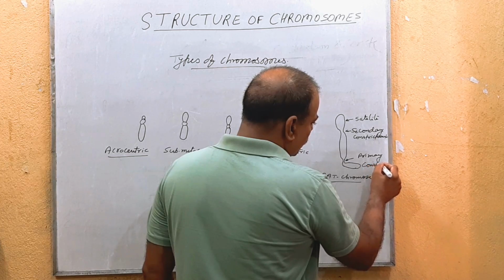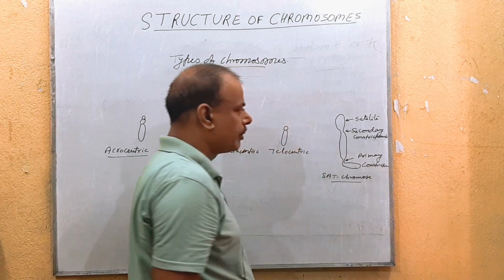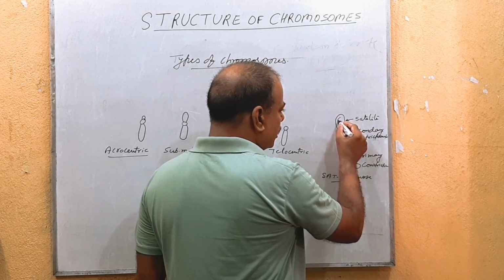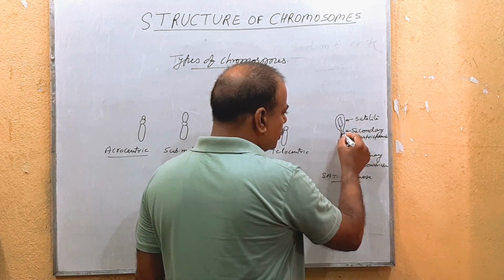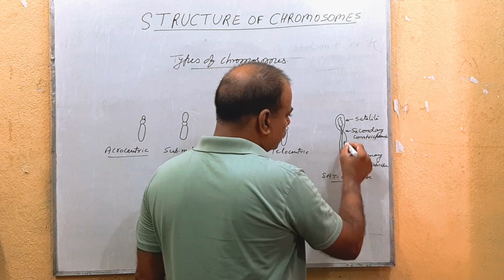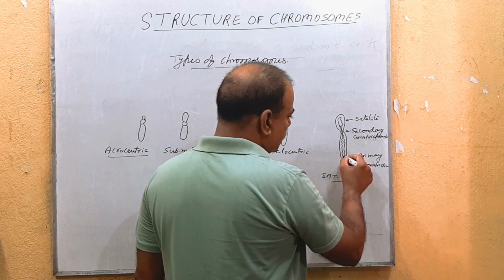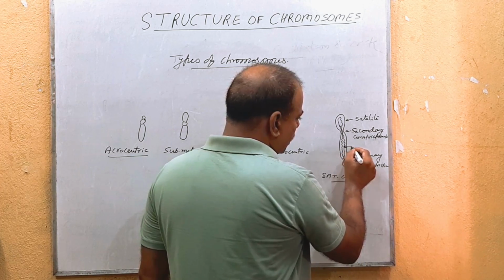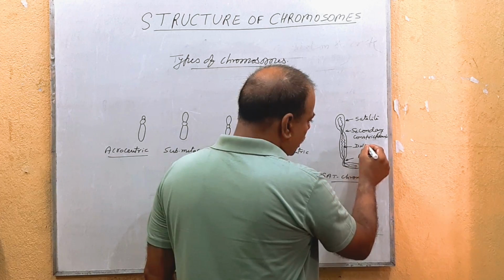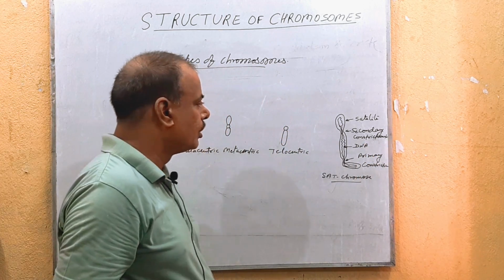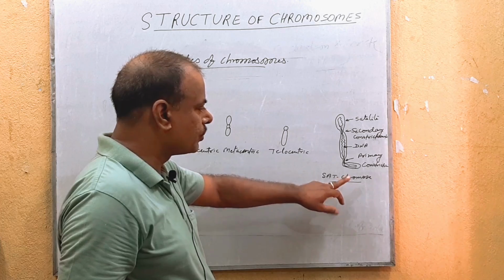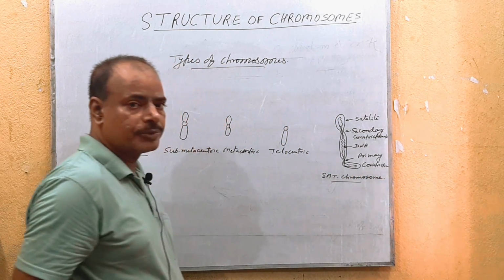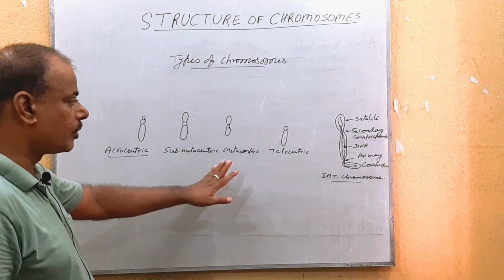So here two constrictions are found, primary and secondary, and therefore it makes a head-like structure which is known as the satellite, and therefore it is known as SAT chromosome. And inside the chromosome, a DNA thread is found. This is the fifth type of chromosome that may be found in human beings.